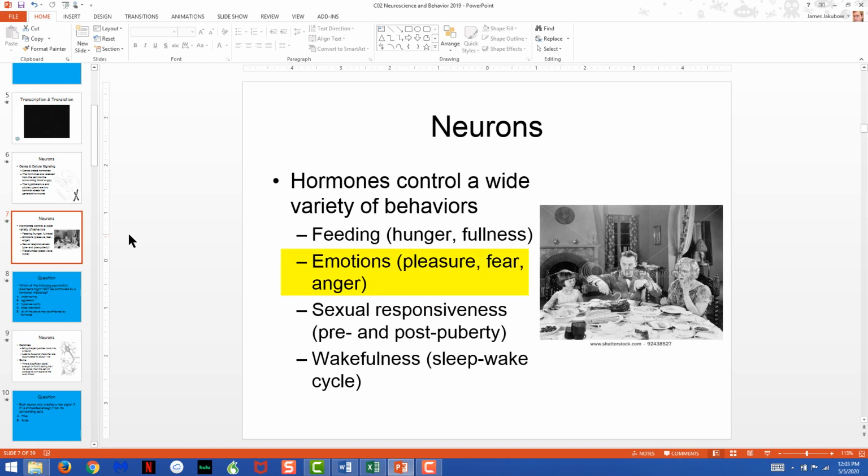Emotions are also managed by your hormonal state. The fact that you experience happiness or sadness and oftentimes experience a lengthy period of an emotional state as a result of one specific event in the environment is oftentimes driven by hormonal activity.